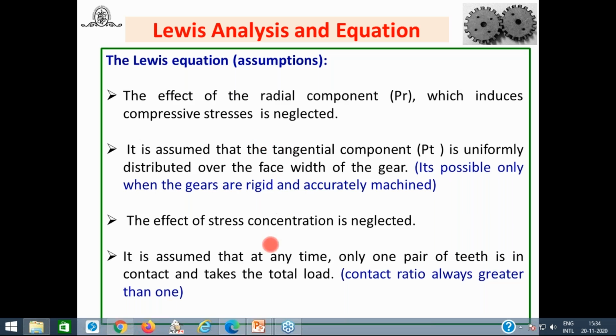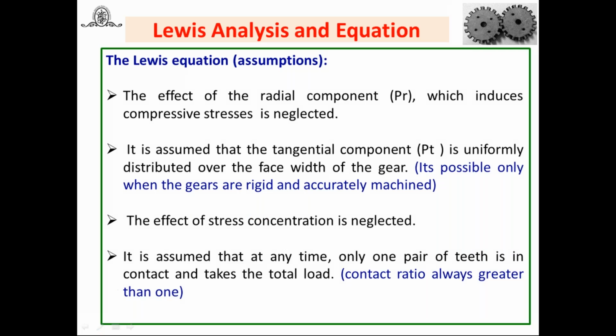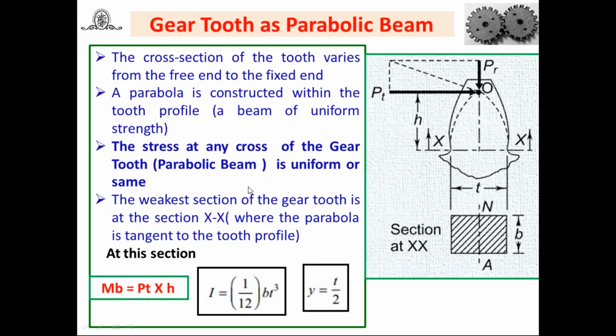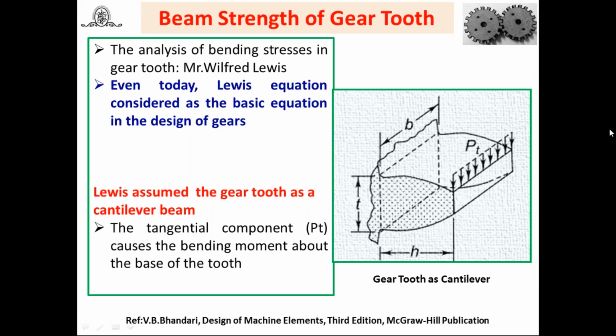The second assumption is that the tangential component PT is uniformly distributed over the face width of the gear. Refer to the earlier figure: this is the face width, denoted by B, and PT is shown uniformly distributed.